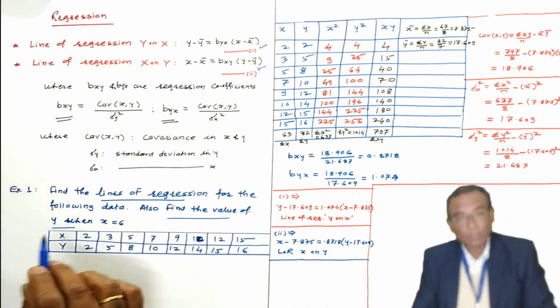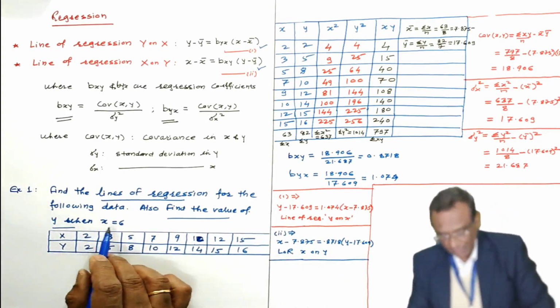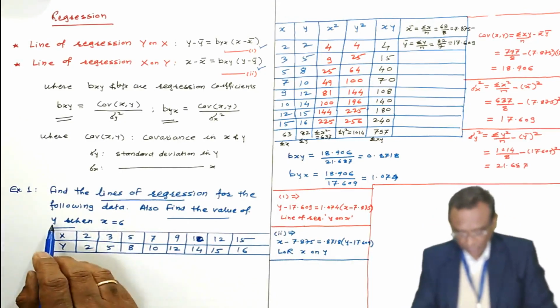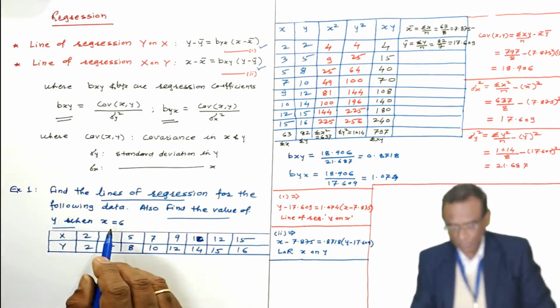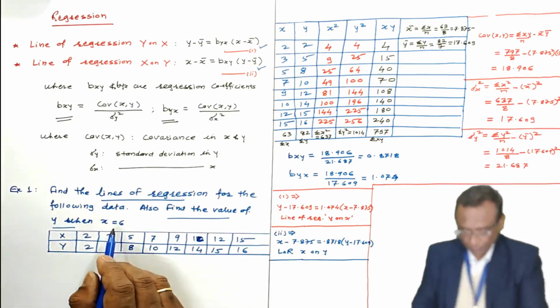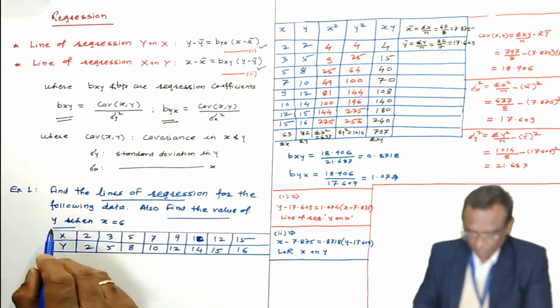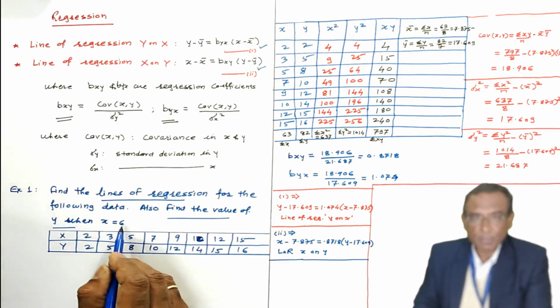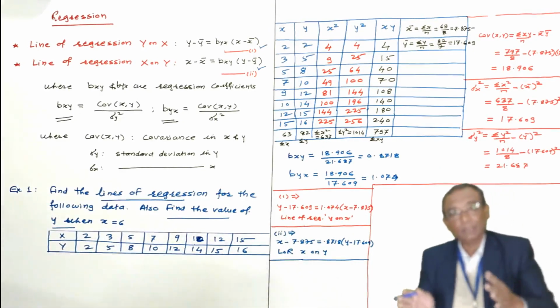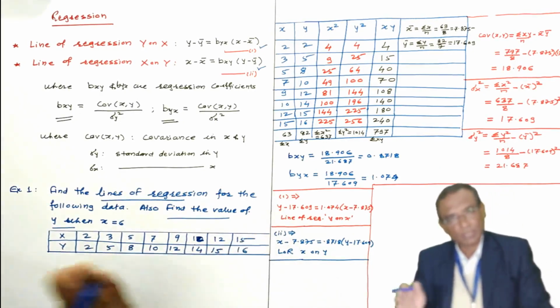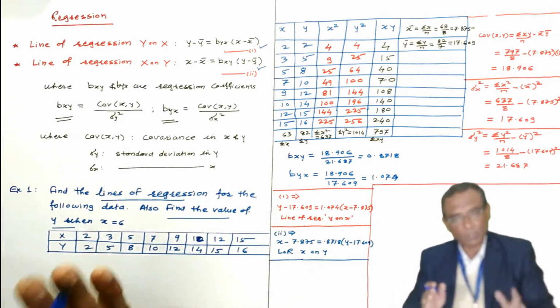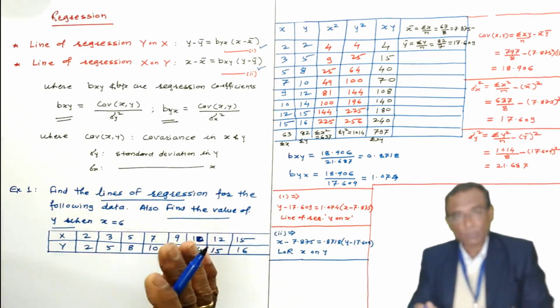When you find the value of y when x equal to 6, preferably use the line of regression y on x. What is the reason behind it? Because this line is the best fit line, the line of y on x and x on y.